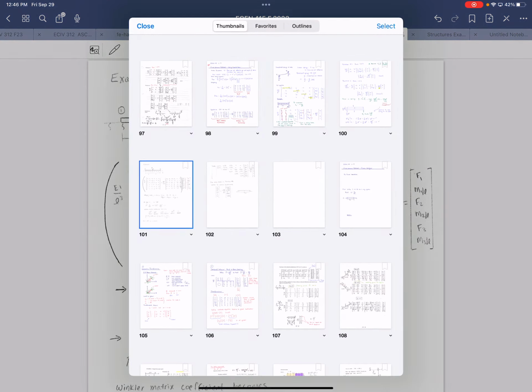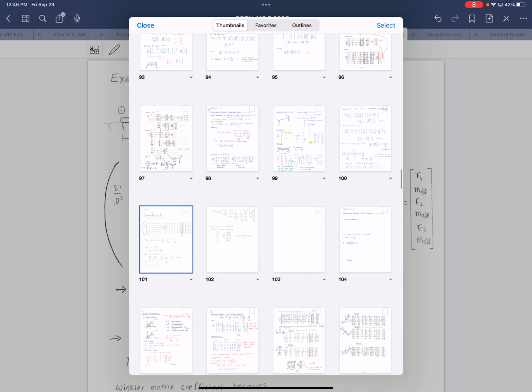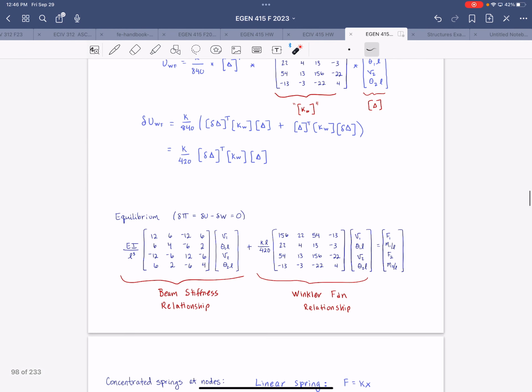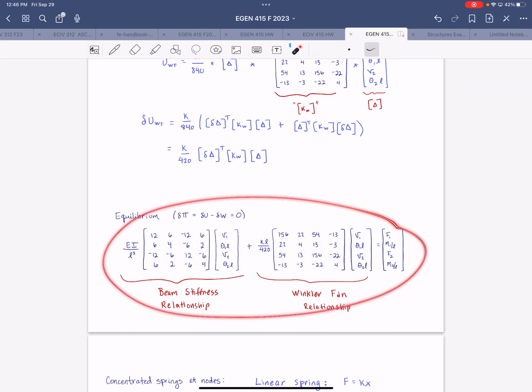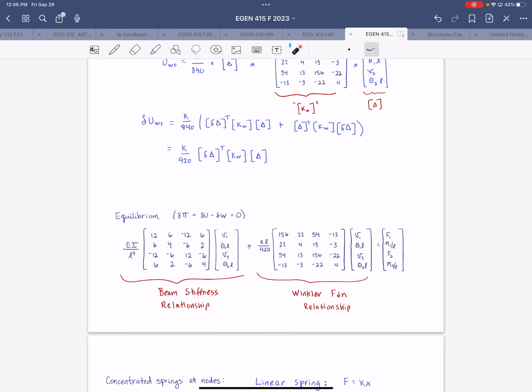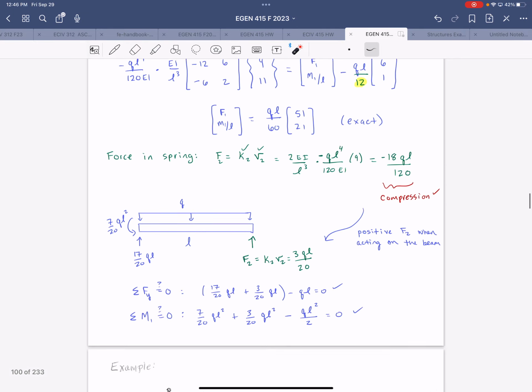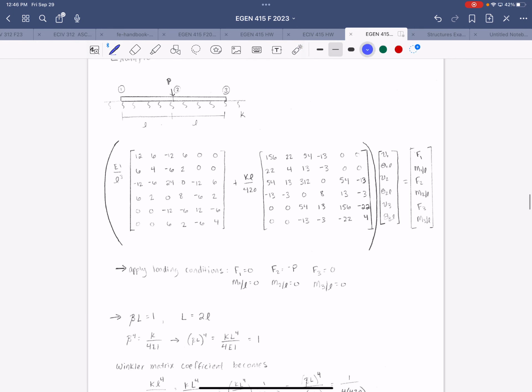If we go back to page 1 of today's lecture, we had this equation for a single element. We're just taking that for 2 elements now and overlaying them at the common node. So this would be the matrix for element 1 and the matrix for element 2 overlaid.